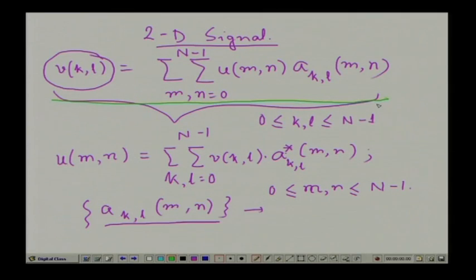where k and l vary in the range 0 to capital N minus 1. That is, k is having capital N number of values, l will also have capital N number of values.